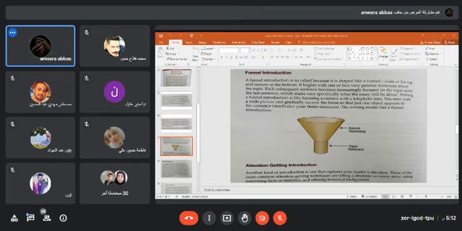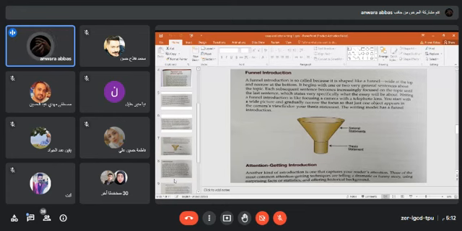Okay, so we have the follow-up introduction and the attention-getting introduction. Let's take examples and discover if you can figure out what kind of introduction the author is using. Okay, let's go.